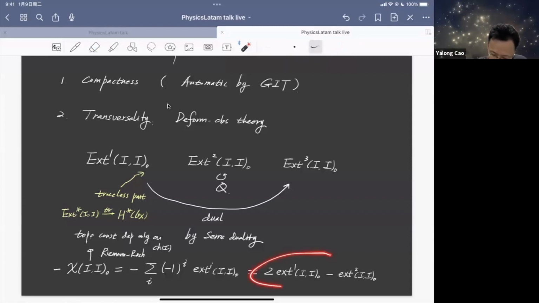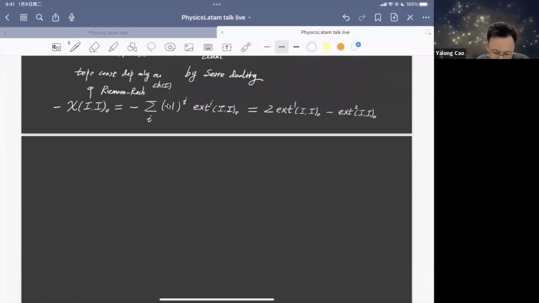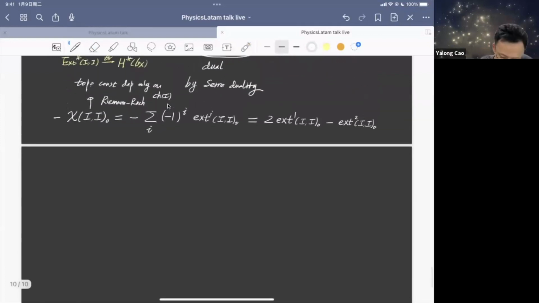So now the point is that Ext1 minus half of Ext2 is topological.